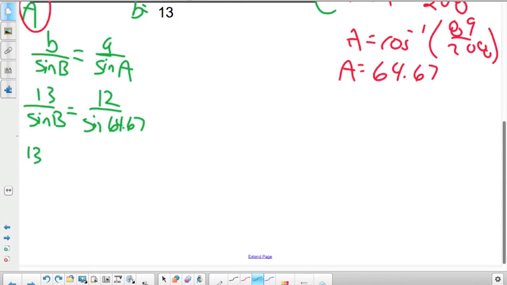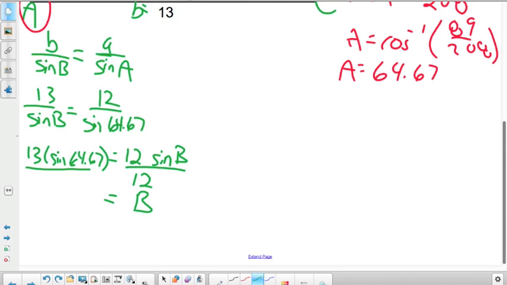So I got 13 times the sine of 64.67 is equal to 12 times the sine of B. Then I'm going to divide both sides by 12. So B is really the sine inverse of 13 times sine 64.67 over 12.